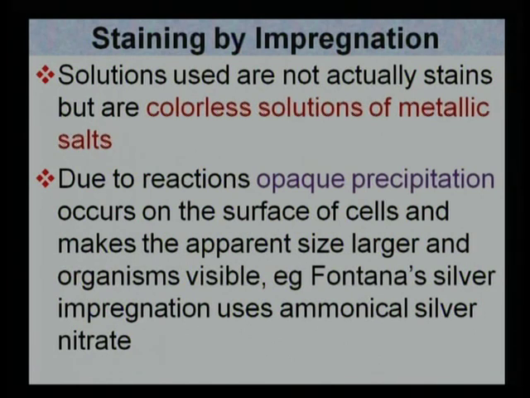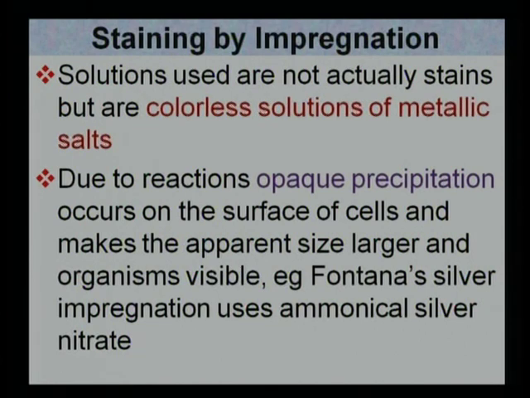method. Now, when these colorless solutions of metallic salts are used and either heat or some other chemical compound is added, a reaction is carried out and an opaque precipitation is formed. This opaque precipitation can be of a different color.